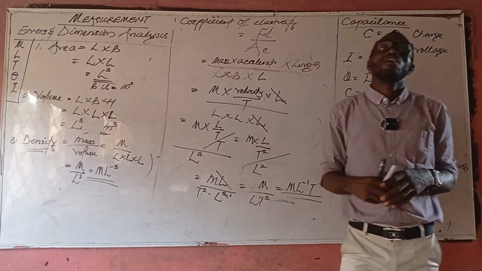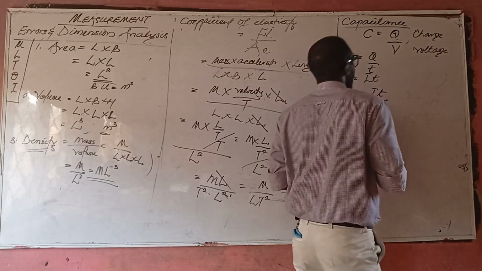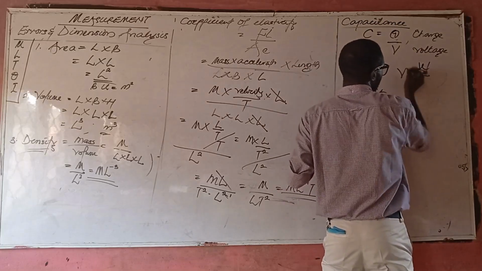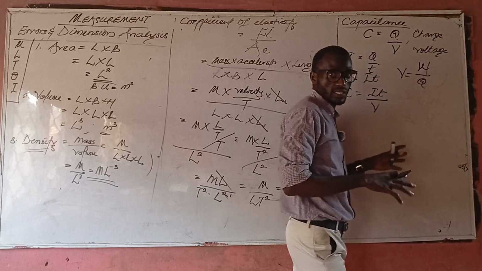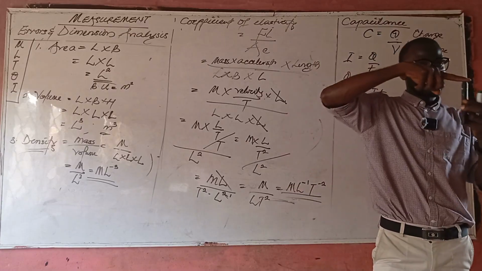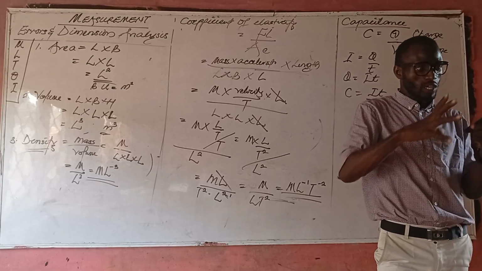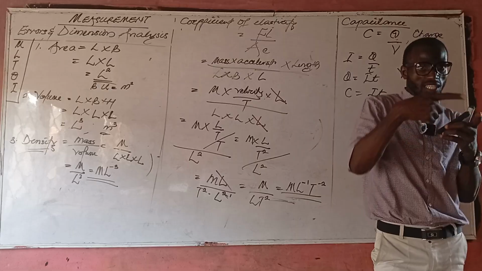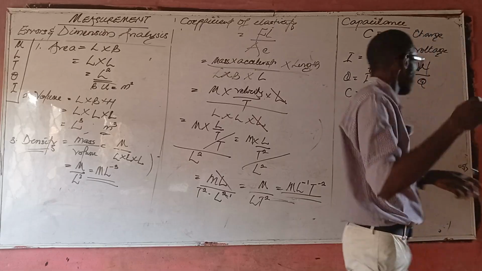Since it's work done, we call it work done per unit charge brought from infinity to a particular point or any point to another. For example, your battery: if you connect wires to a battery, charges begin to flow from one end to the other. And that's what we call current.